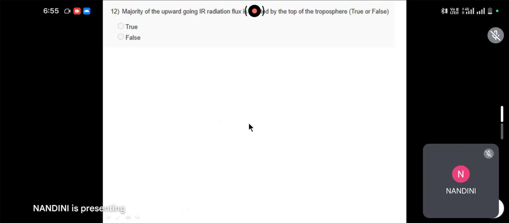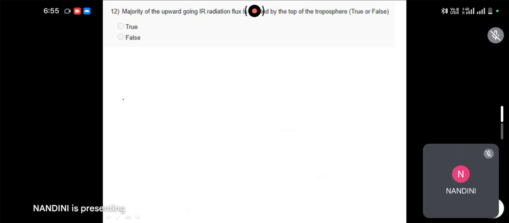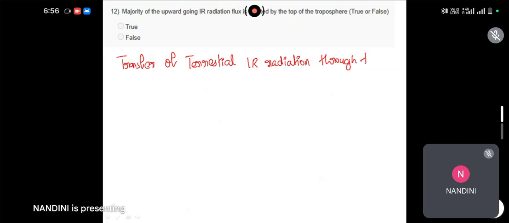Now let's see. Before answering this question, we will just see how the terrestrial radiation is being transmitted through the atmosphere. Transfer of terrestrial infrared radiation through the atmosphere.